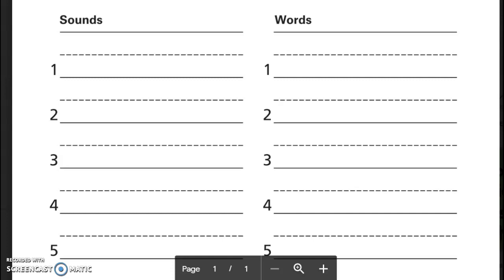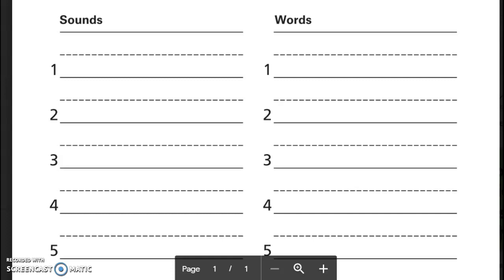All right, awesome job. Okay, now we're going to use the same sheet, and just in your other column, we're going to write some words that I'm going to read to you. So some of these are a little difficult because there are 4 sounds. We know the CVC spelling pattern, but we were just learning some of the other ones like the CCVC or the CVCC.